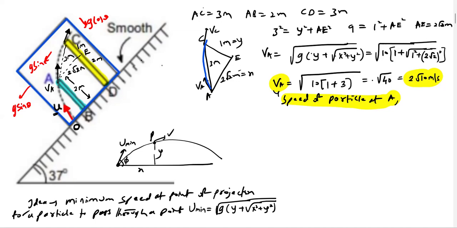Okay, now let me apply this. We have to calculate this U. If we know the work-energy theorem directly, we can apply it or we can go for projectile motion.